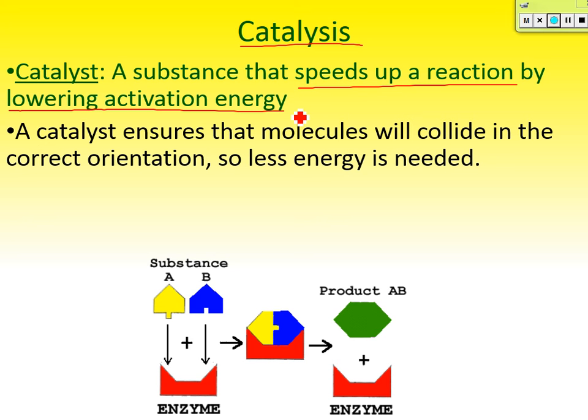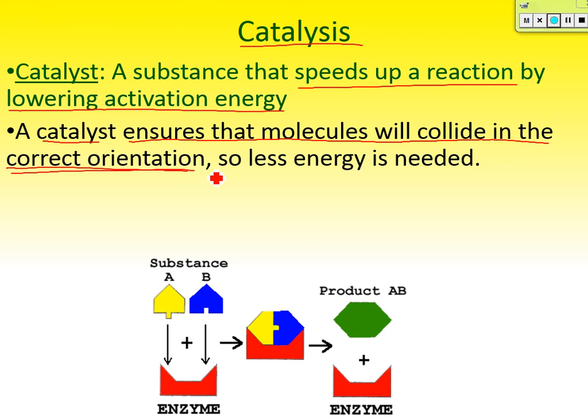A catalyst will ensure that molecules will collide in the correct orientation, so less energy is needed. So that's how a catalyst works. It makes them collide with correct orientation so that there's more effective collisions that will lead to the product every time.